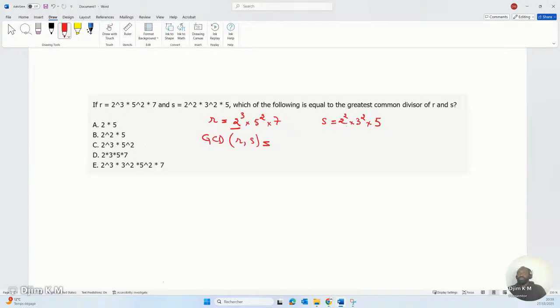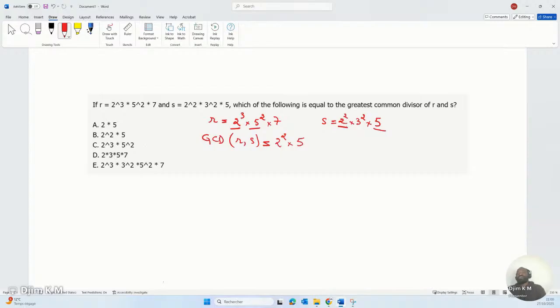So we have 2 to the power 3 and 2 to the power 2 here, and then we have 5 to the power 2 and 5 here. For the greatest common divisor, we choose the common bases with the lower exponent. Between 2 to the power 3 and 2 to the power 2, we choose 2 to the power 2. Between 5 to the power 2 and 5, we choose 5.